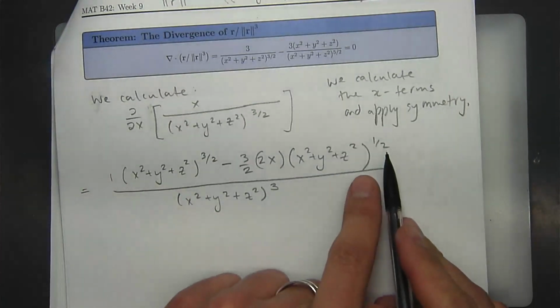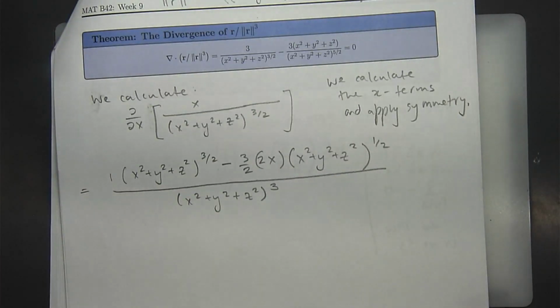We can factor out a norm on the top and bottom.